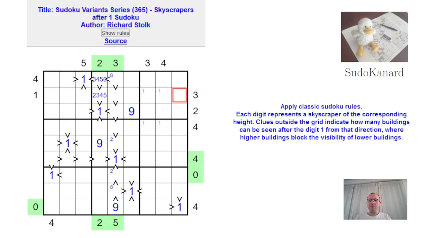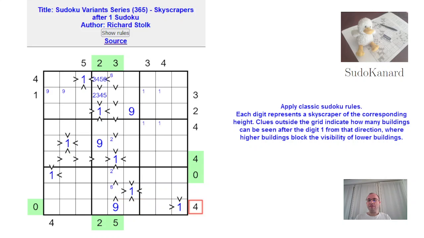So on this row, 1 is here or there, it must see 3 buildings. 9 must be somewhere in here. But here it wouldn't work with this 5. So 9 is somewhere in here. And with this 4, a 9 here would work, and a 9 here would probably work as well.